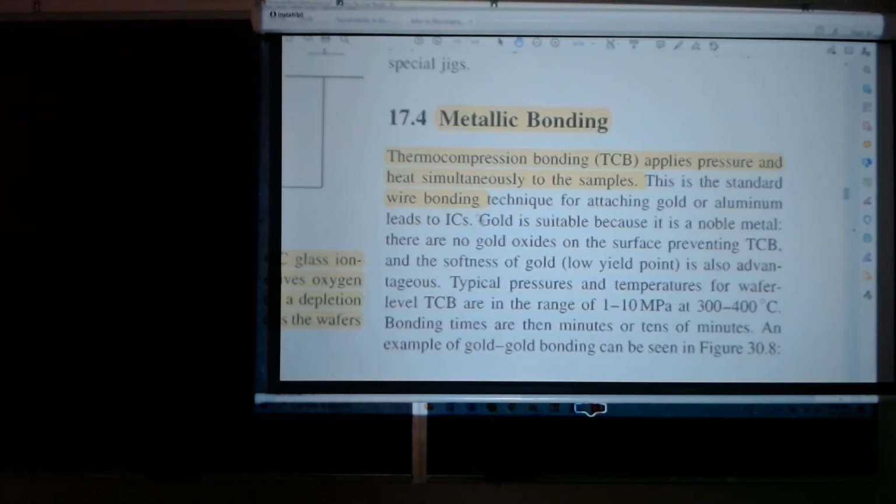Now, what he says here is true. Gold is frequently used because as a noble metal, it does not oxidize. And so gold bonding is something that you frequently see. Now, I highlighted wire bonding here, and I'm not sure.